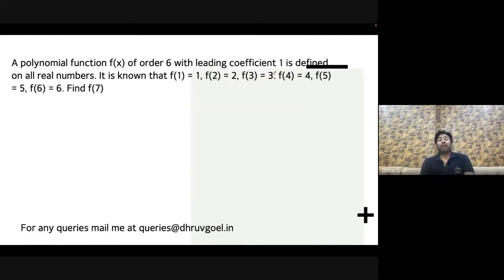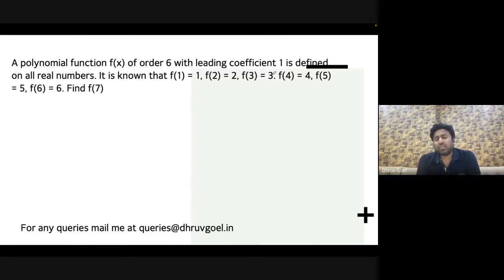Similarly, I got another question, that is a polynomial function f(x) of order 6 with leading coefficient 1 is defined on all real numbers. It is known that f of 1 equal to 1, f of 2 equal to 2, f of 3 equal to 3, f of 4 equal to 4, f of 5 equal to 5, f of 6 equal to 6. I need to find out the value of f of 7.